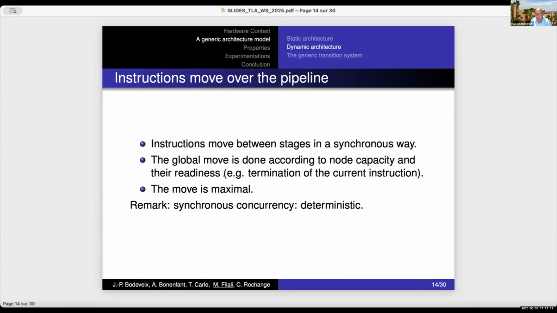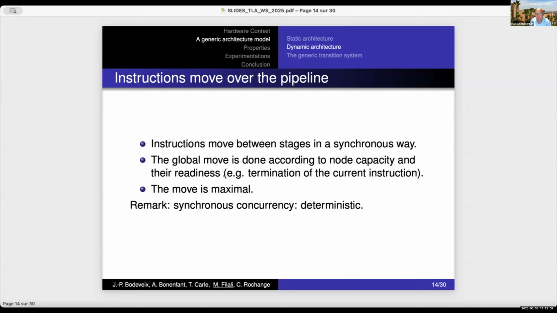And one requirement is that the move over the pipeline should be maximal. That is, if a node is free, we should not leave an instruction that wants to move to this node. It is mandatory to move an instruction that is ready to a free node.